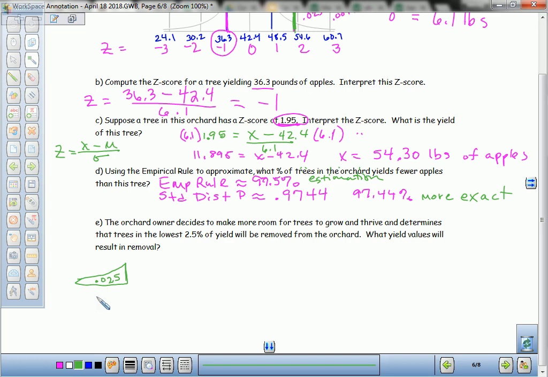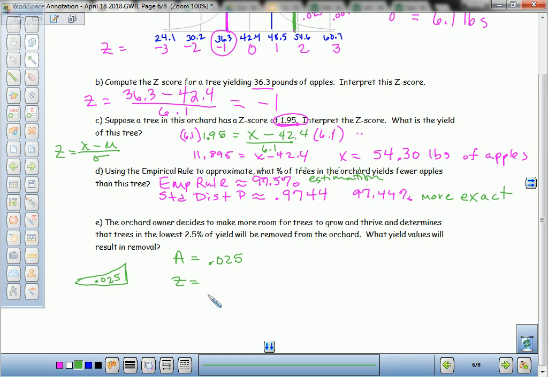So this time we're going to start in the middle of the table and we're going to find the z. So if our area equals 0.025, then what is the z-score associated with that area? All right. Are we going to look at the positive side or the negative side? Negative side, because it's less than 50%, right?